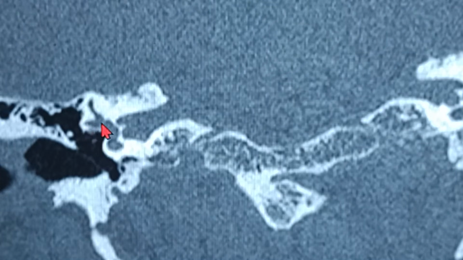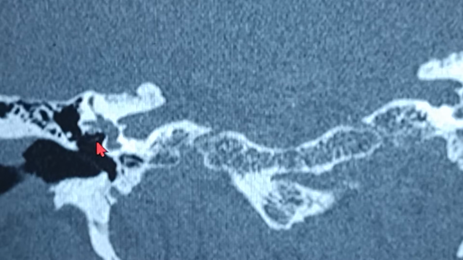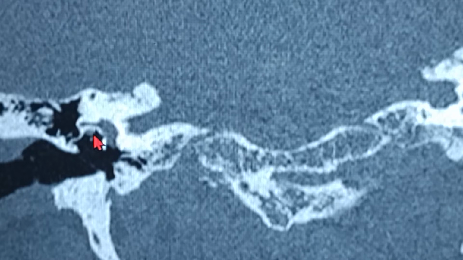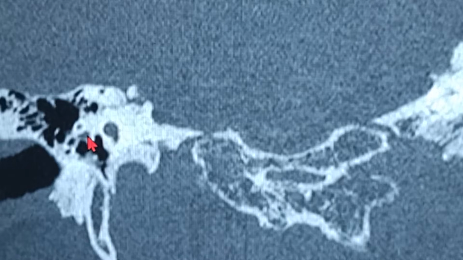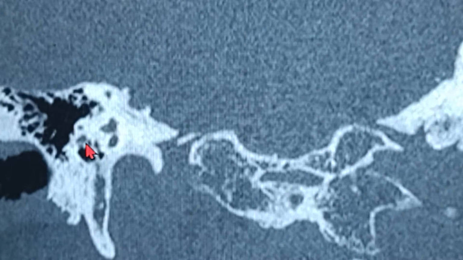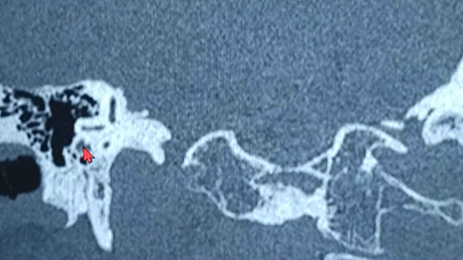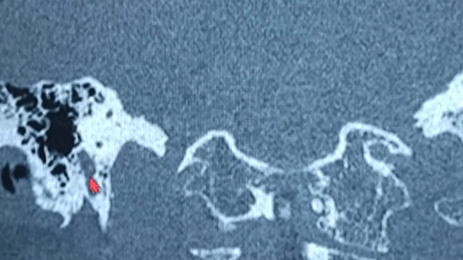This is the lateral semicircular canal, and this is the facial canal, the facial nerve running below it. So if we keep on following the facial nerve, you can see the facial nerve right there, and you can keep on following that. This is the vertical segment of the facial nerve.